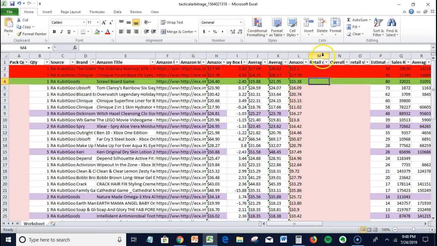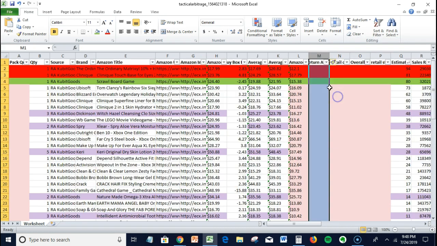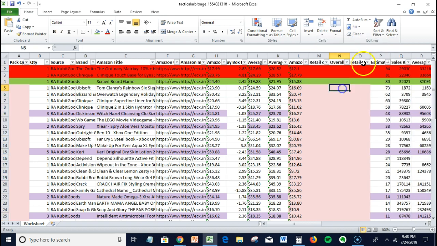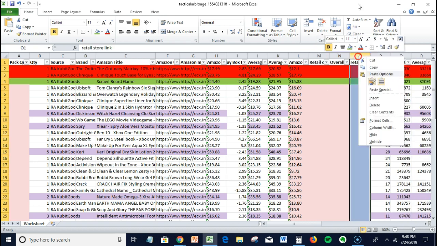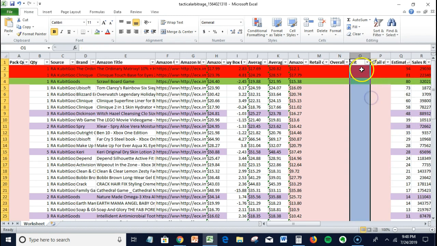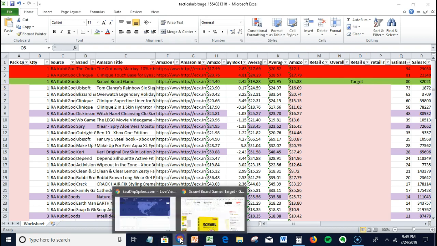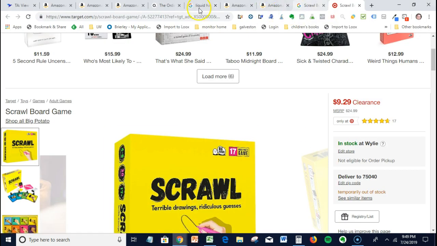In fact, you might want to just add a column here. Okay, let's just do this. So we have the retail store link. Let's add another column that has the retail store, and then we're going to say Target. And then I would want you to say where you can find it, so give me a link to where you found this.